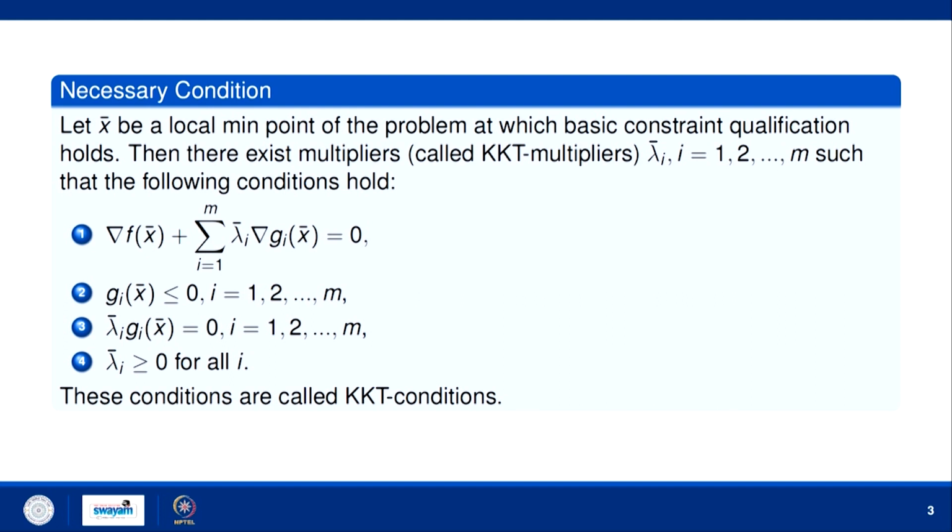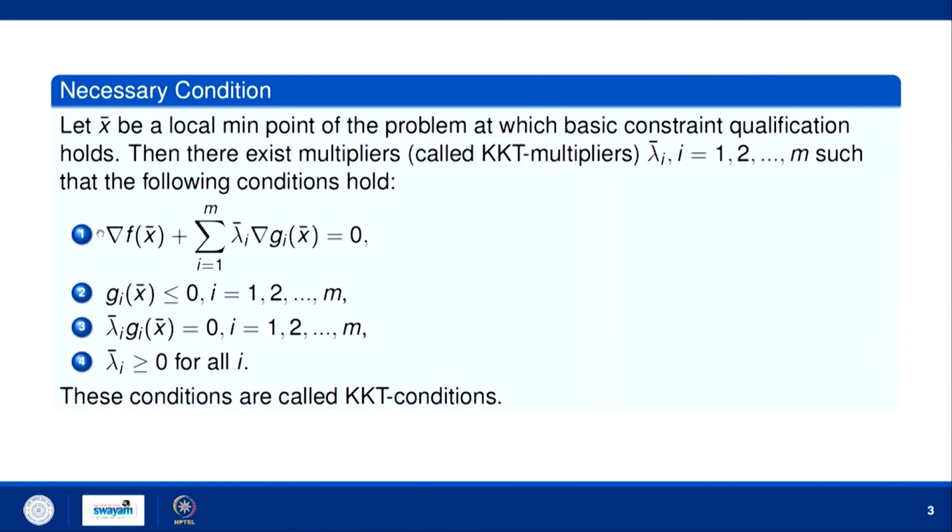So, what is the theorem? Let us read out the statement. Let x bar be a local minimum point of the problem P2 at which the basic constraint qualification holds. What do you mean by basic constraint qualification? Basically, these are the additional requirements on the problem P2 so that the multiplier corresponding to the objective function is non-zero.